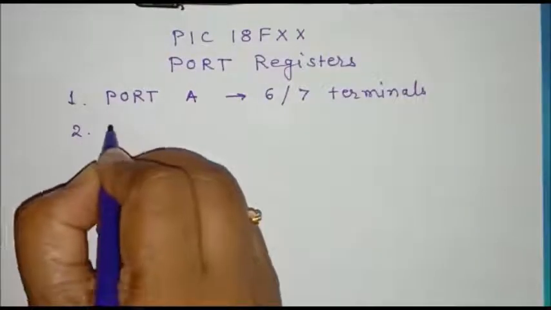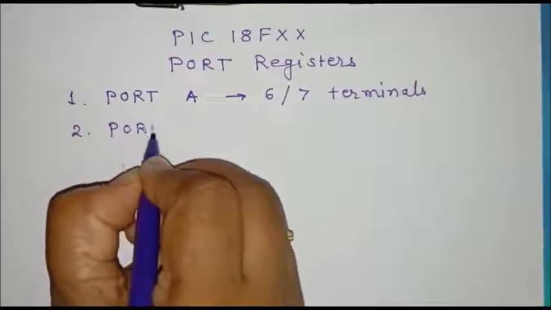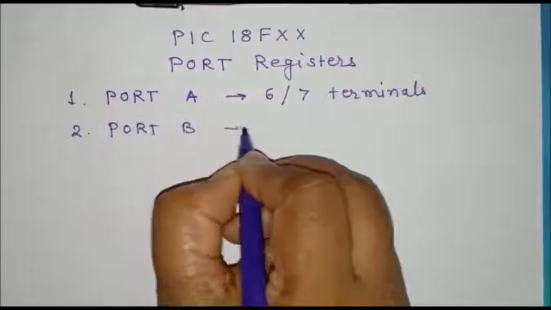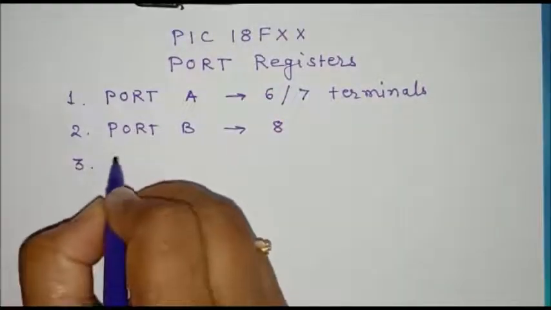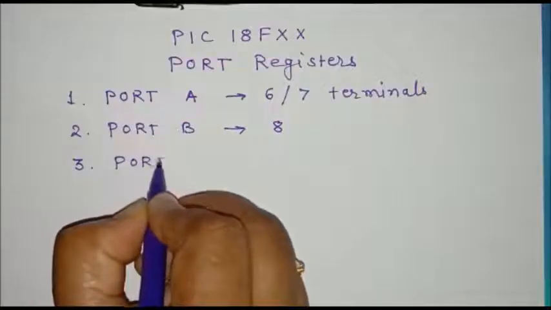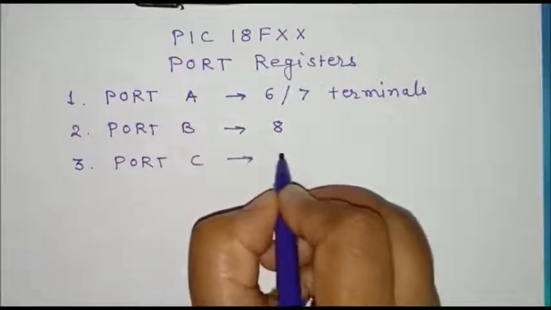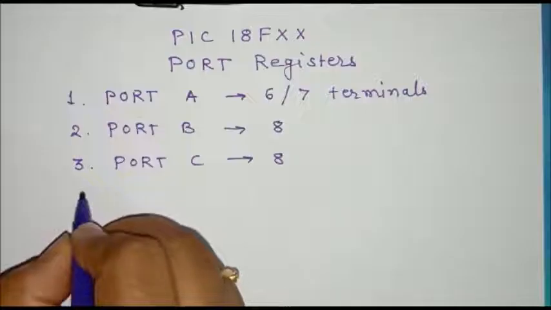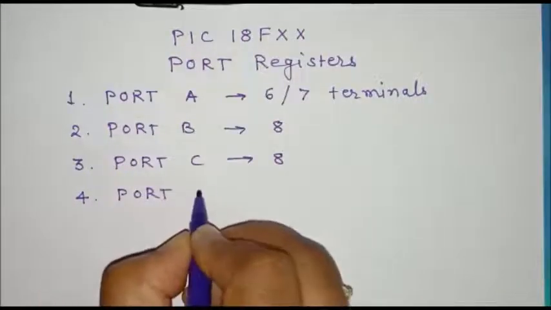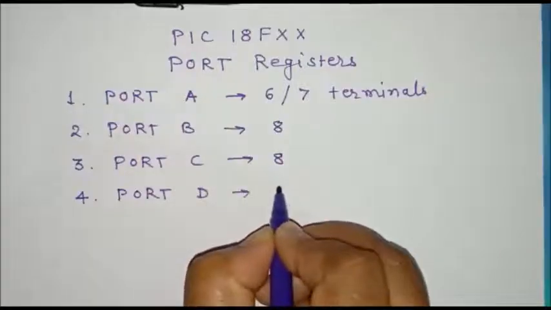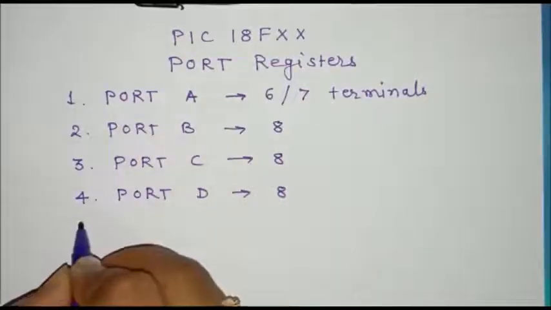The second port is port B, which is having 8 pins or 8 terminals. Third is port C. It is also of 8 bits, so 8 terminals. Fourth port is port D, which is again of 8 bits, so it has 8 terminals.